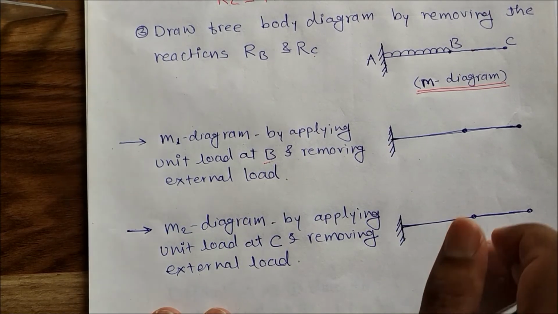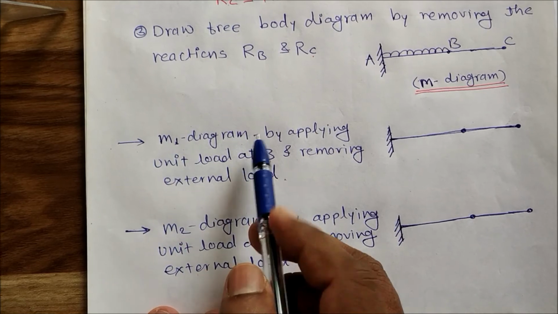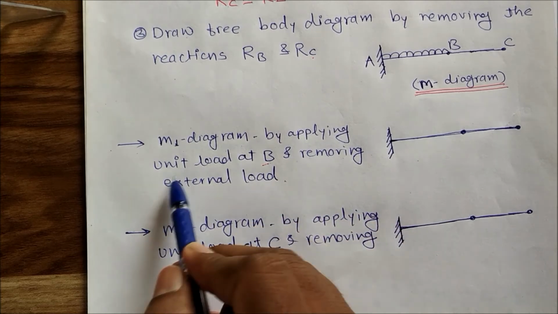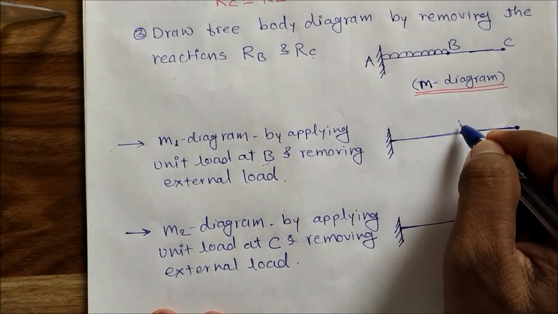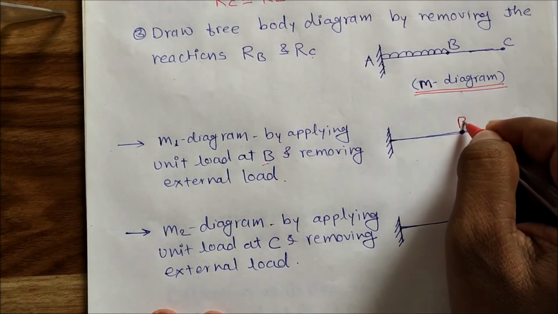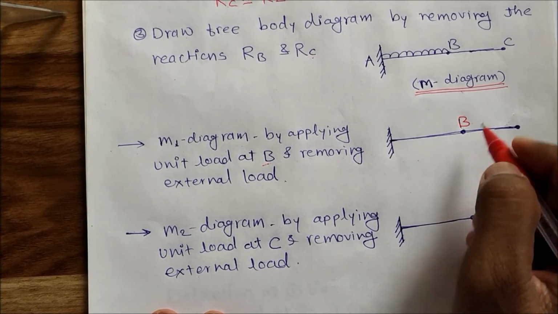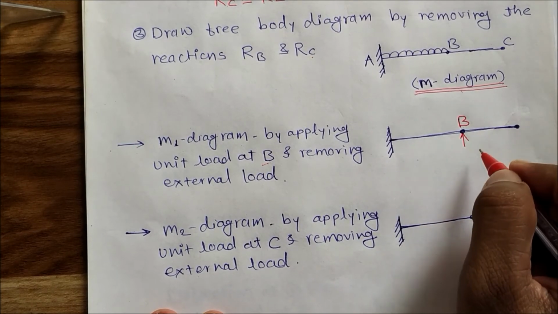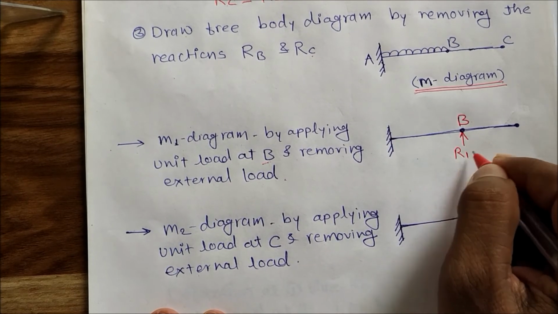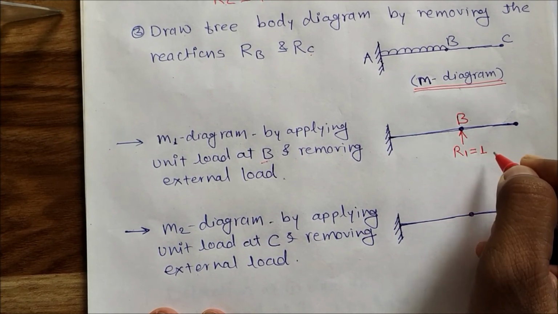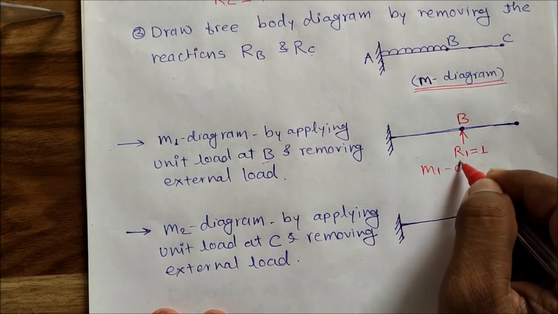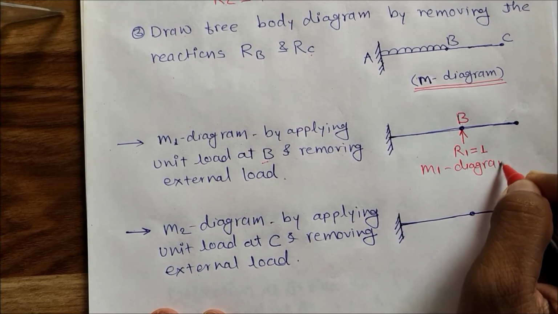In the same step, we have to draw the M1 diagram and M2 diagram. In the M1 diagram, we apply the unit load at point B, that is R1 is equal to 1. So this is the M1 diagram.